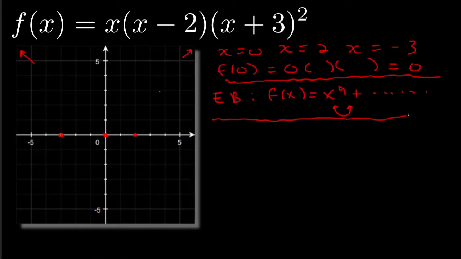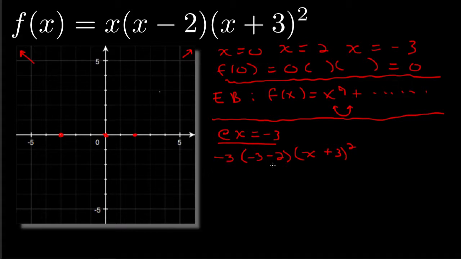And so lastly, to find the behavior near the roots at x equals negative 3, moving from left to right, I'm going to plug in negative 3 everywhere except where it would produce a 0: negative 3, negative 3 minus 2, and I don't want to plug it into this last term because that would produce a 0, x plus 3 squared.